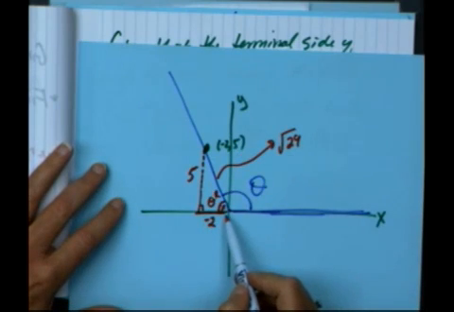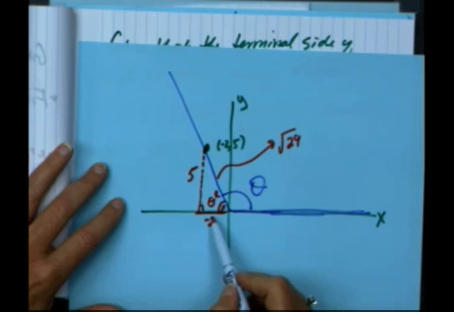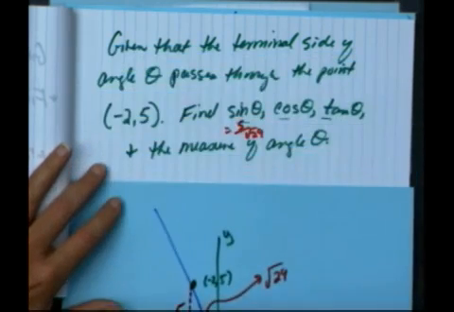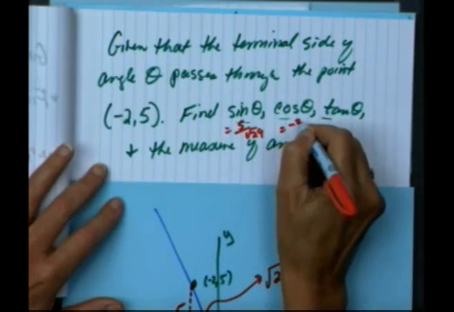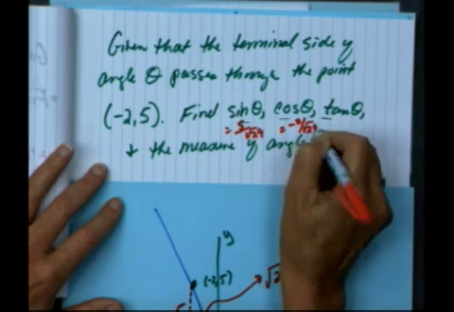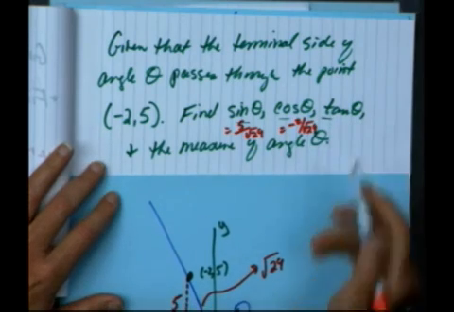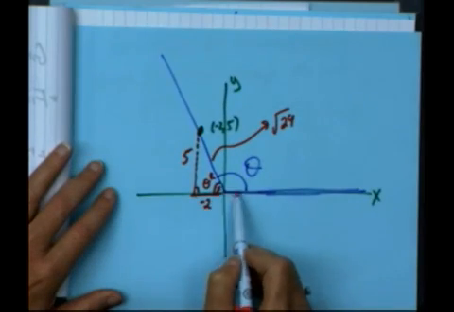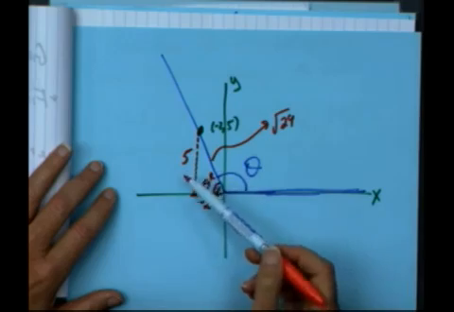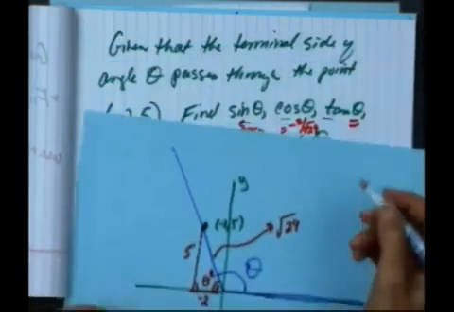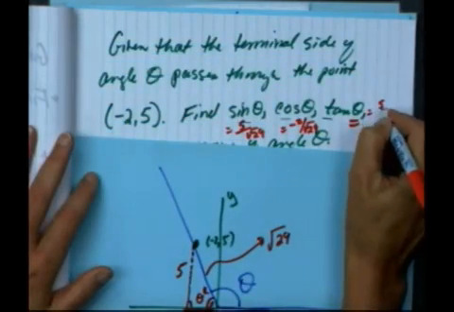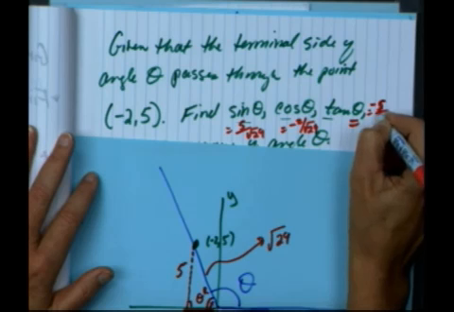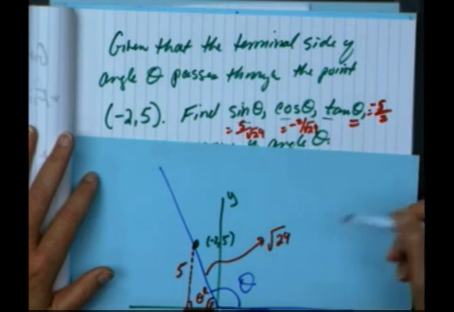What's the cosine? -2 over the square root of 29. And what is the tangent of this big angle? 5 over -2. You can put the negative anywhere. -5 over 2 or 5 over -2. All right, everybody seeing that?